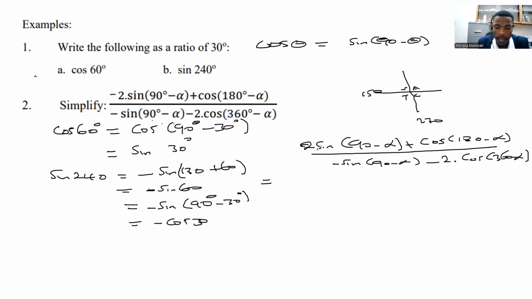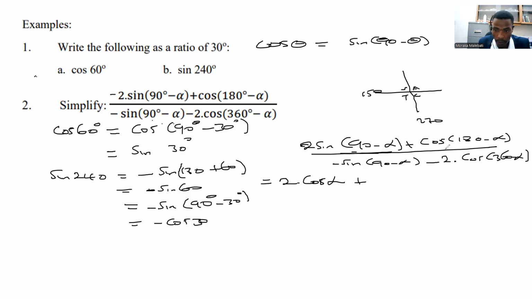We know that this is in the form of the reference style. So what will we say? We know these are part of the co-ratios, so this is nothing but 2 cosine of alpha, and then plus.